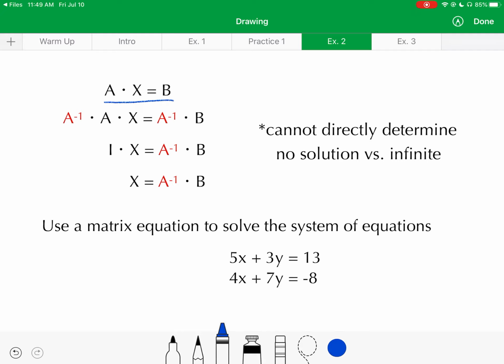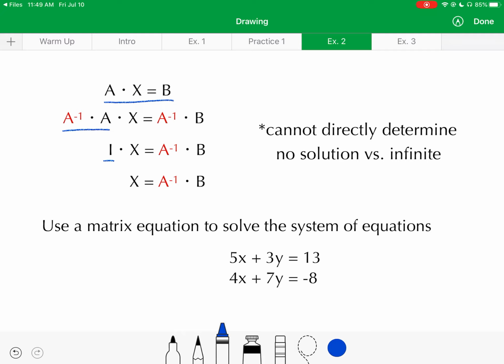Now, one way to get X alone would be to divide both sides by A, right? Well, we don't have a concept of division with matrices, okay? So instead what we'll do to isolate X is we will multiply both sides of the equation by the inverse of the coefficient matrix A, all right? So when I do that, the inverse of A multiplied by A will result in the identity matrix.